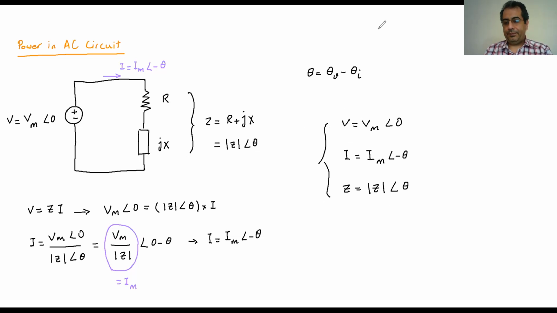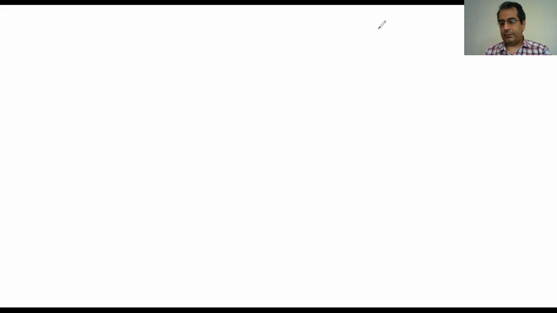So let's go to a new page. Here, the very first case that I want to work on, we're going to calculate the AC power for a resistive load, so only if we have a resistance in the system.